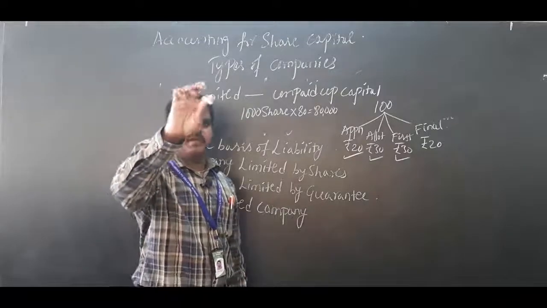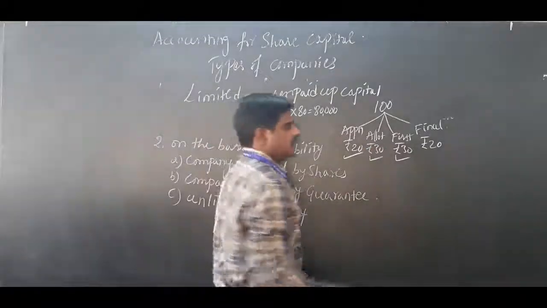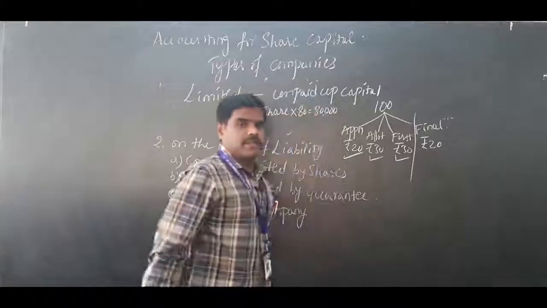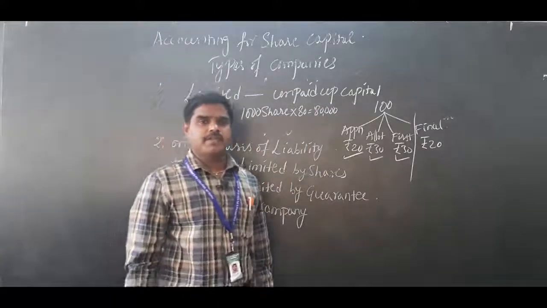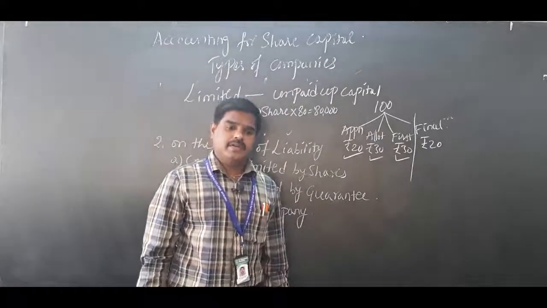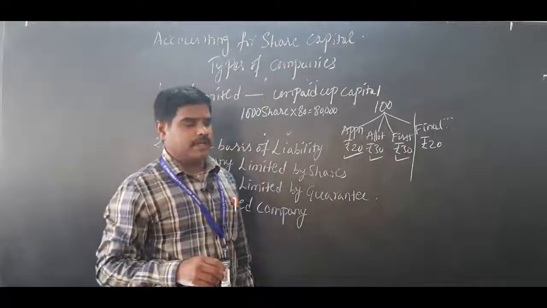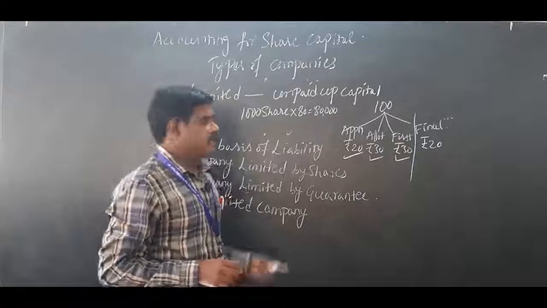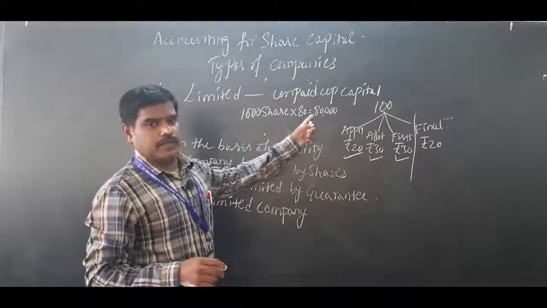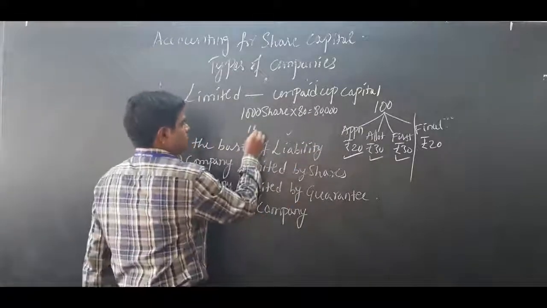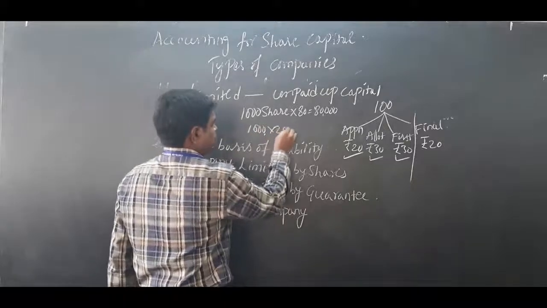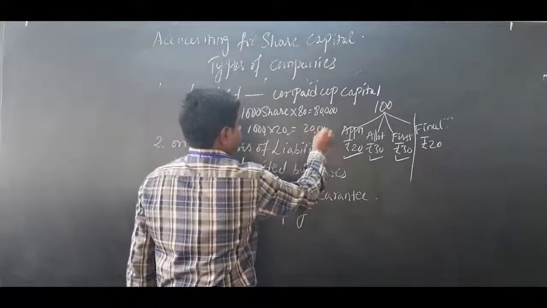The remaining balance is the final call money, which the company may call any time. At the time of winding up, the company will say you have paid 1000 into 80 rupees, so now you have to pay 1000 into 20 rupees. So I have to pay 20,000 rupees.